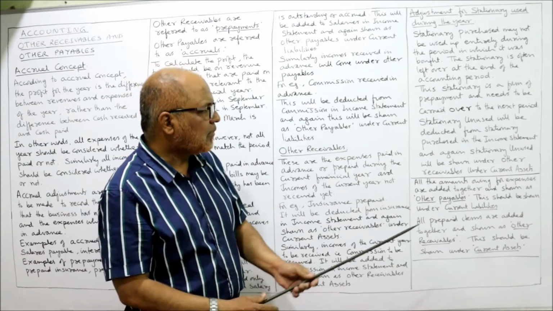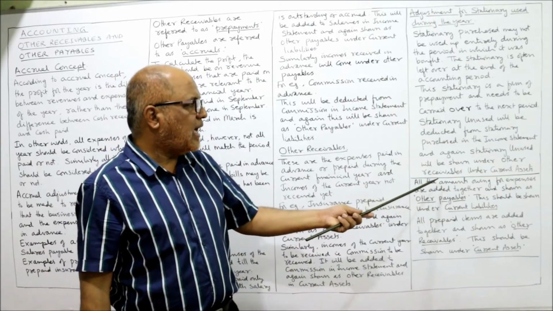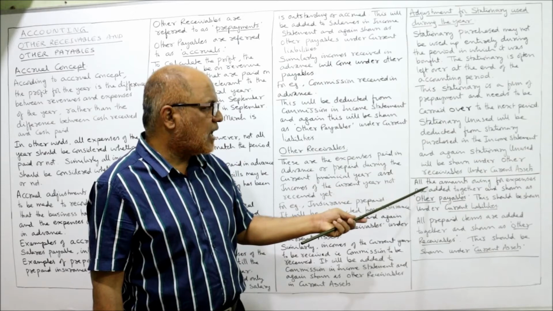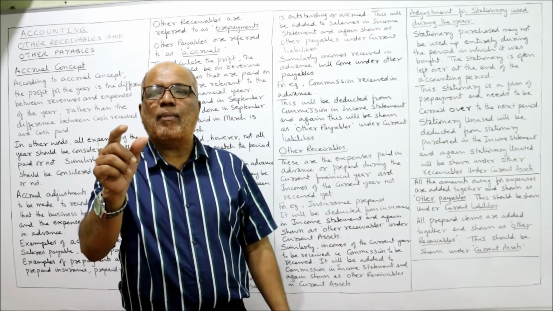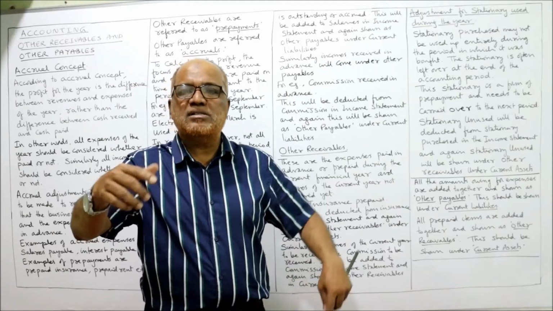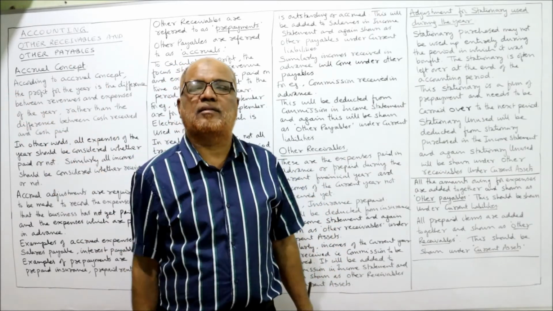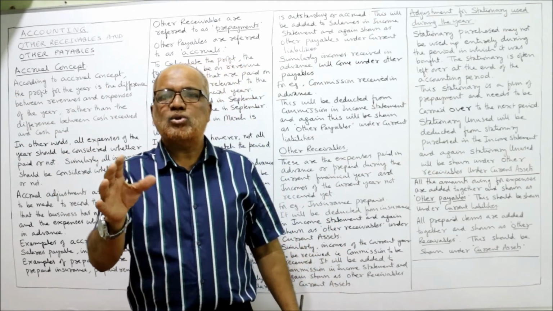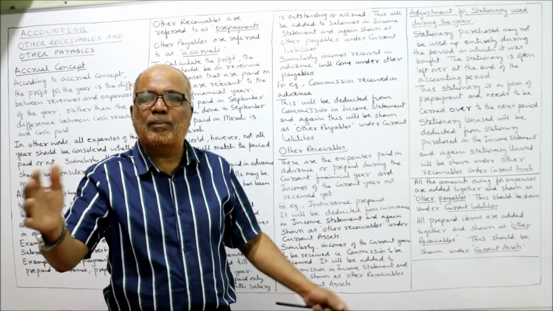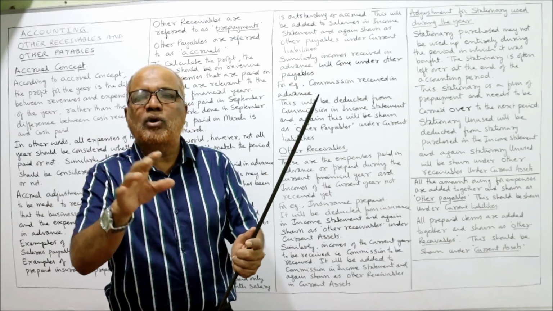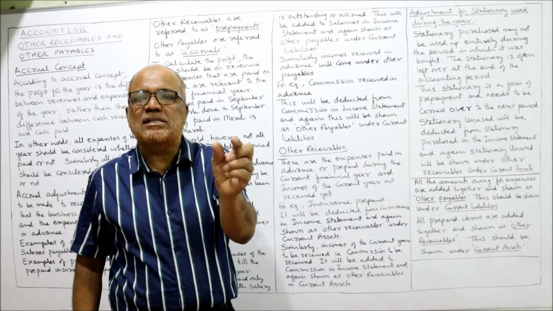Lastly, all the amounts owing for expenses are added together and shown as other payable. All the amounts owing means the business has to pay to others. All the amounts owing by the business will be added together and put under other payables.